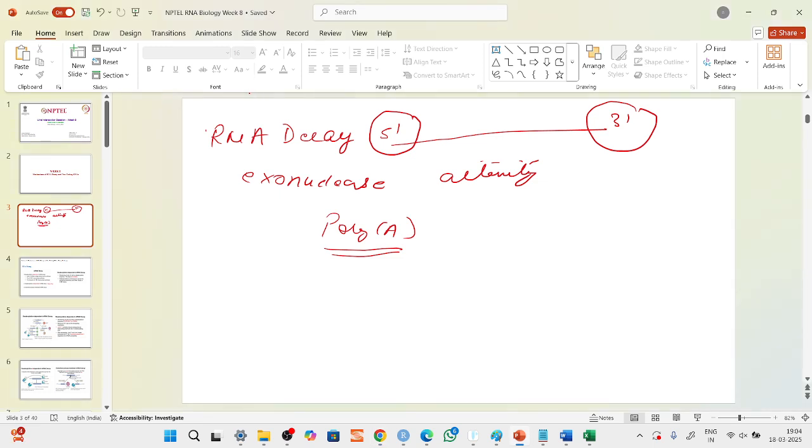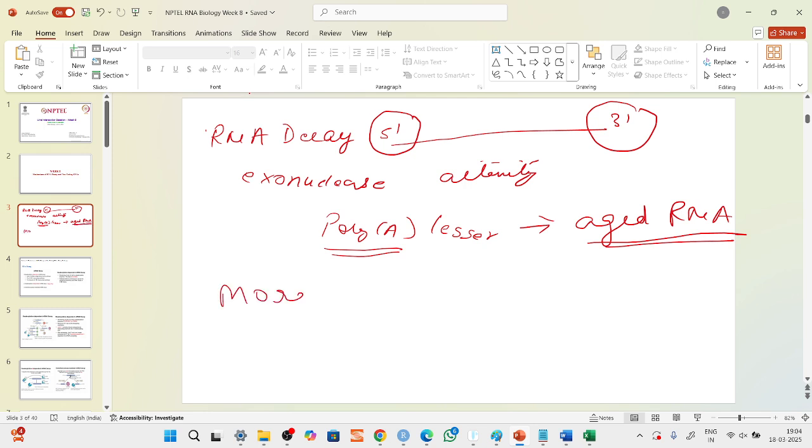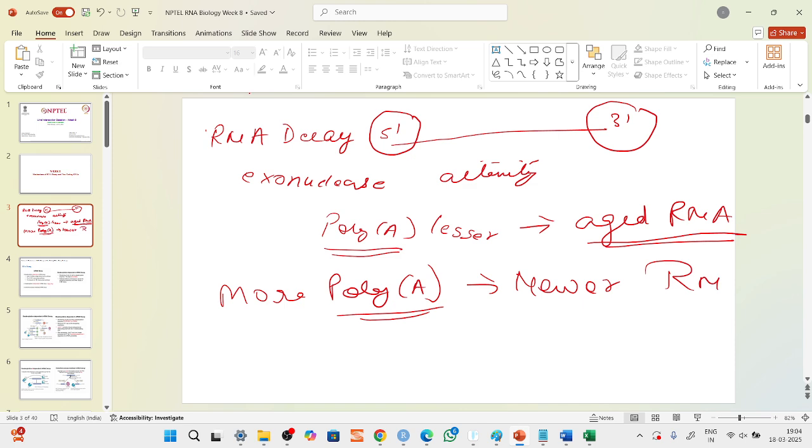So poly A's are fewer in an aged RNA, and there would be more poly A's in a newer RNA.